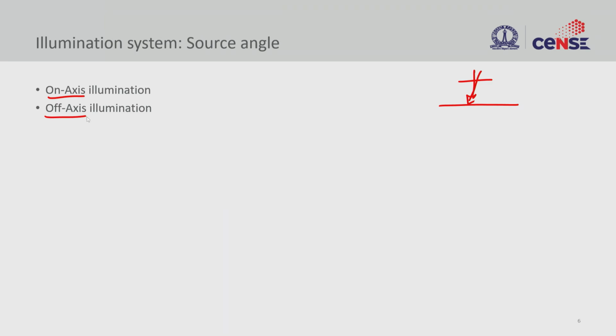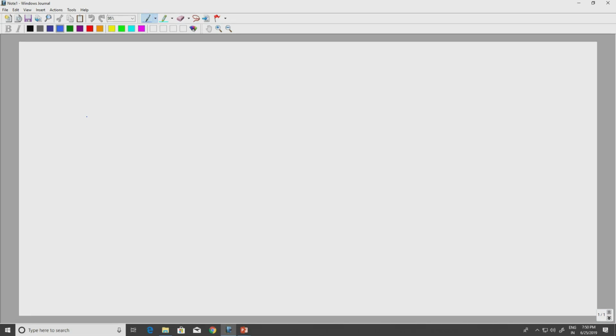So let's look at what we mean by on axis and off axis illumination. If I have a light source sitting here, and then I have my mask, and then I illuminate it, this is on axis. The optical axis is straight here. In on axis illumination, it's a perpendicular illumination, and what you get out of this mask is the diffraction pattern, as we all know.